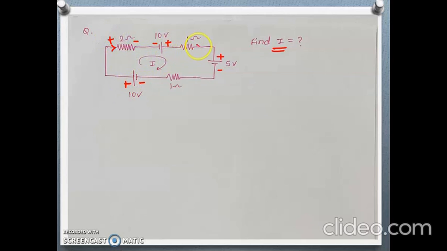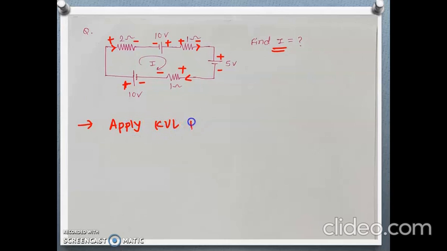Again current is in this direction, so this will be plus, this will be minus. First we do the sign convention, and then we apply KVL.